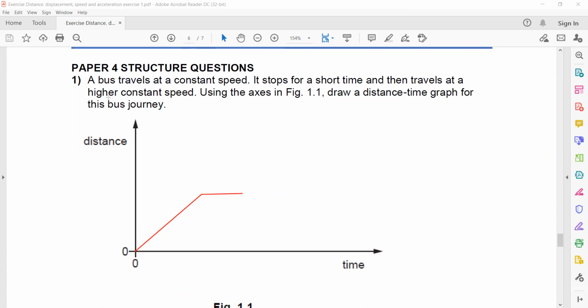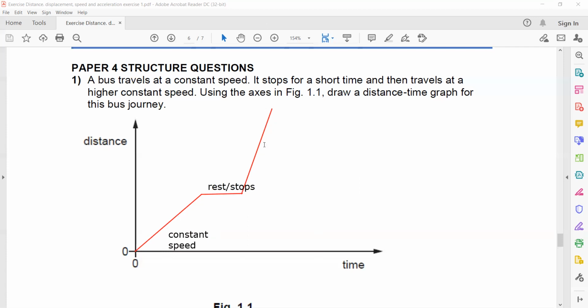And then it travels at a higher constant speed. How can I show a higher constant speed? I will draw a straight line, but with a greater gradient or slope. This is a constant speed. This one is when the object is at rest or stops, where speed is 0.